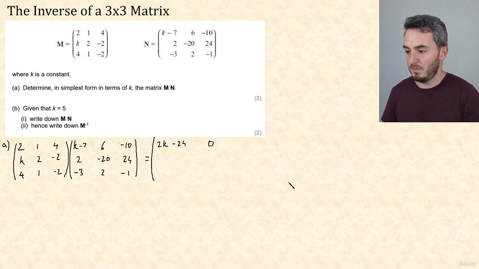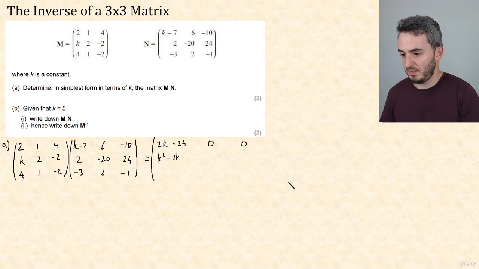Next one, it's minus 20 plus 24, so we're on 4, minus 4 is 0. Next line, I get k squared, and then minus 7k, so k squared minus 7k, and then also 4, and then plus 6, so that's plus 10.